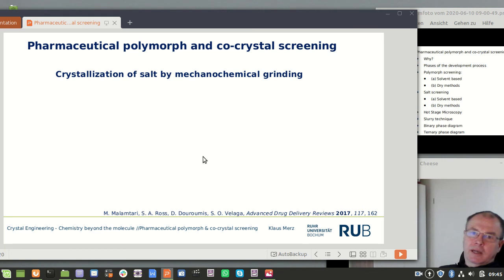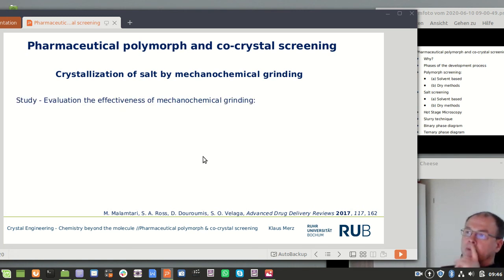Well, an alternative method to get a salt is trying to get salts by using mechanochemical methods. Yes. And we talk about this type: neat grinding, solvent drop grinding, liquid assisted grinding.